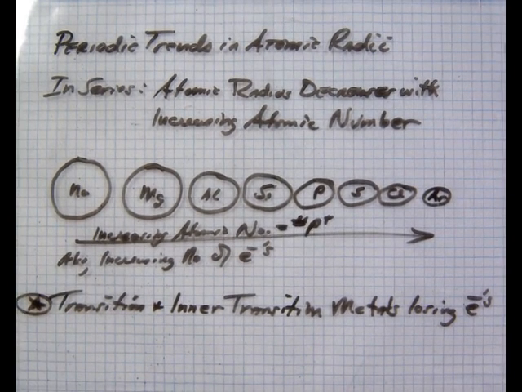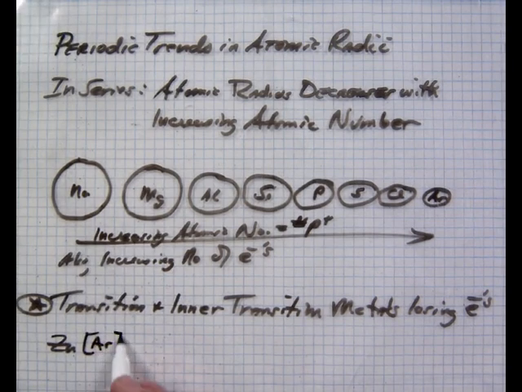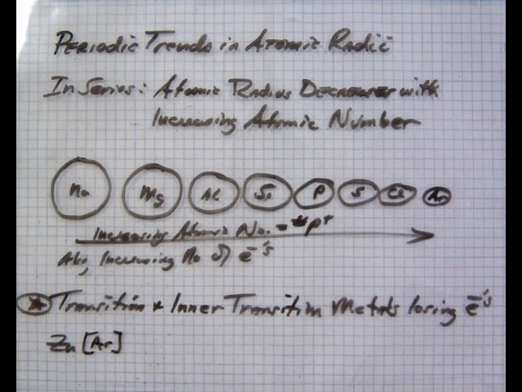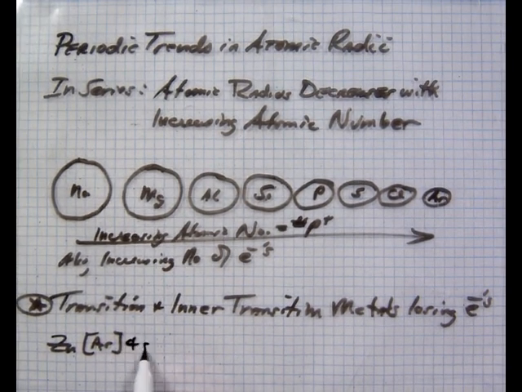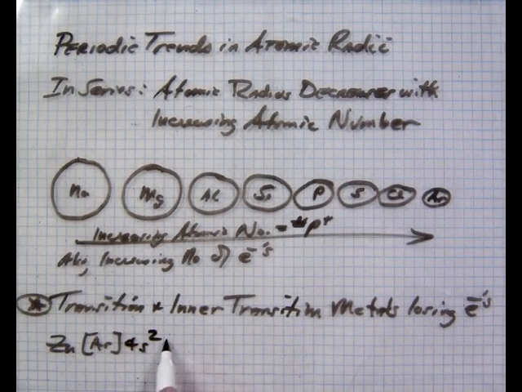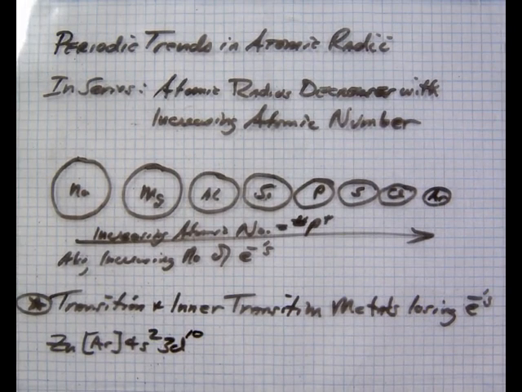When writing out the electron configuration for, say, zinc, its core is argon, and we have a 4s2 and a 3d10 right there.